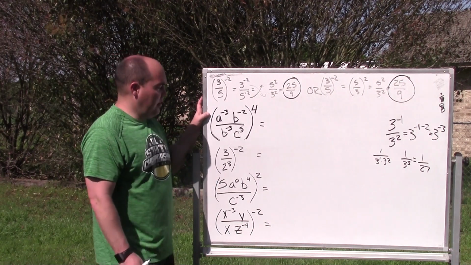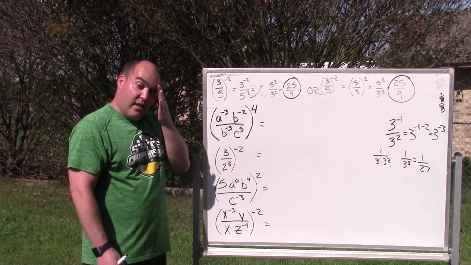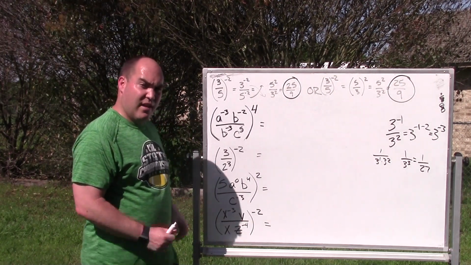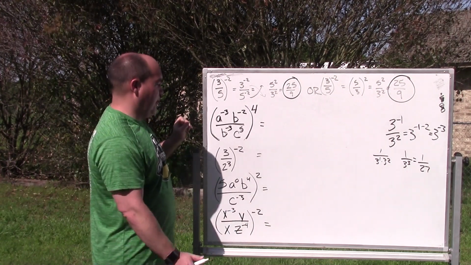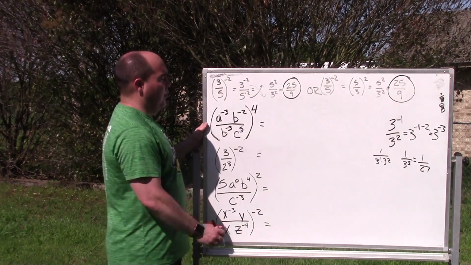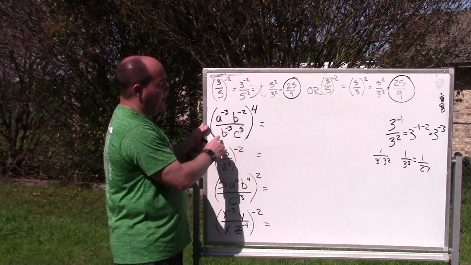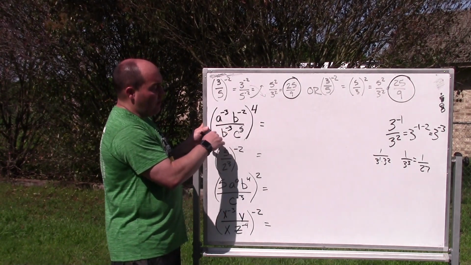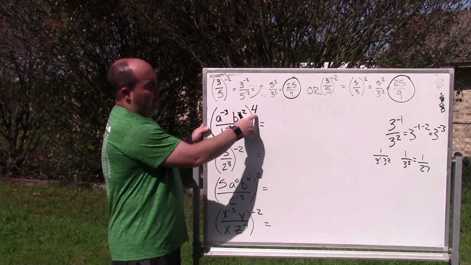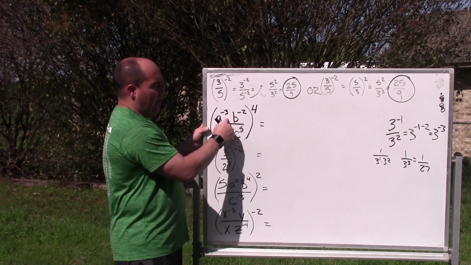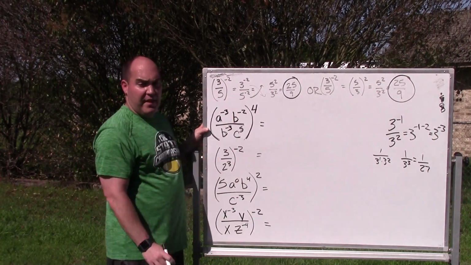All right, we're going to work one of these or a couple of these more complicated problems here, just to make sure we know what's going on. So once again, if this 4 is on the outside, we want to take it and do the power of a power rule with every single thing inside the parentheses.